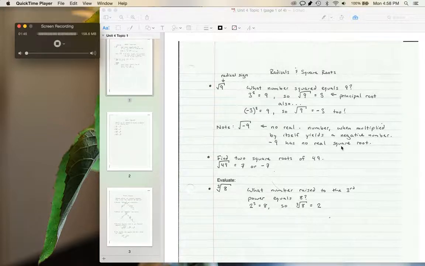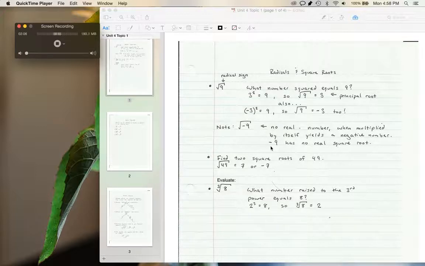If you think about that, you can take 3 times 3 and you're going to get positive 9. You can take -3 times -3 and you're still going to get positive 9. Now you might be thinking, a positive times a negative is negative, and that's all well and good, except you're not multiplying the same number by itself.